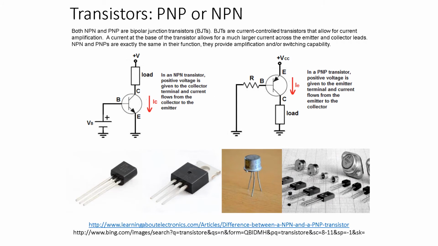So transistors, PNP or NPN. Essentially, these are both bipolar junction transistors, BJTs, you'll see. And essentially, if you remember from the slide previous to that, how we looked at PN junctions and NP junctions, a PNP junction is essentially kind of a stacked set of diodes that are built in. Transistors always have three legs that come off of them.